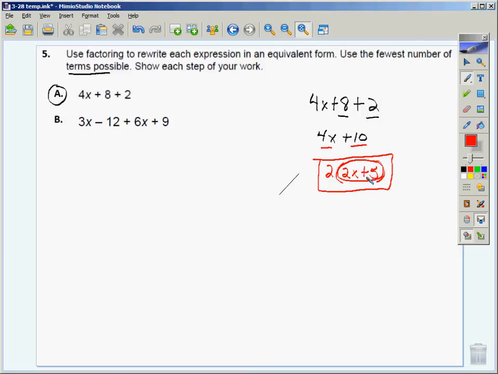It's one thing being multiplied by another thing. Multiplication doesn't create a term. Only addition and subtraction. So this had 2 terms. It wouldn't have been in the simplest form with the fewest terms. This would have been in the simplest form with the fewest terms because now it only has 1 term in it.